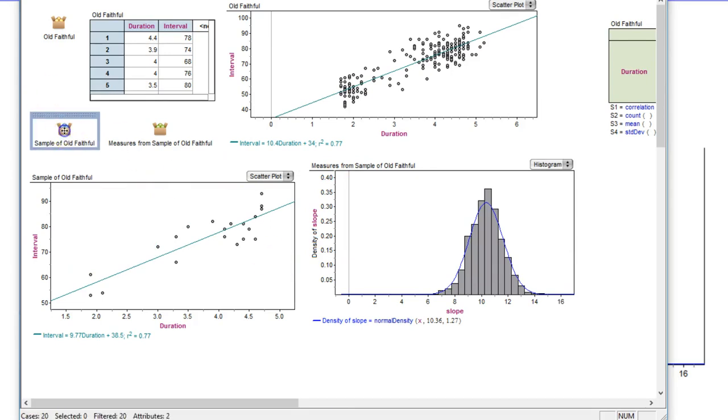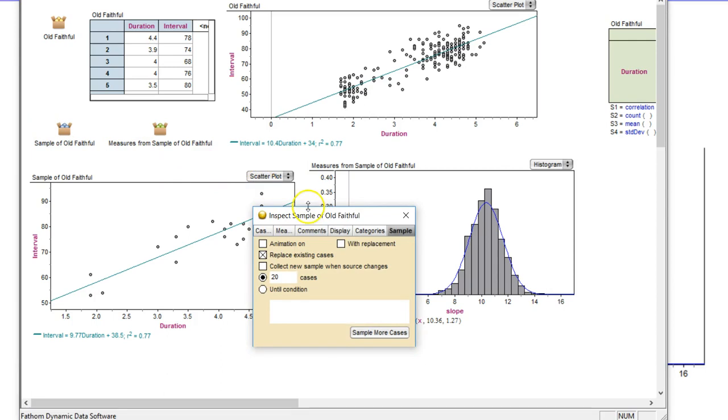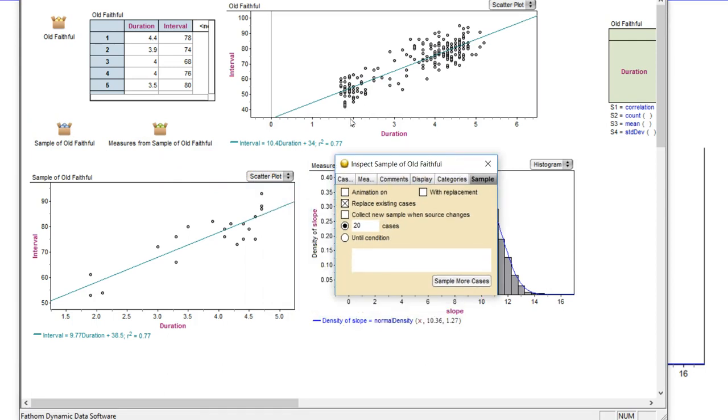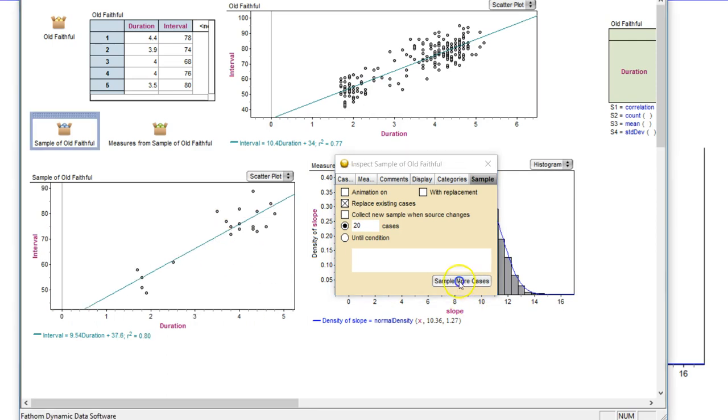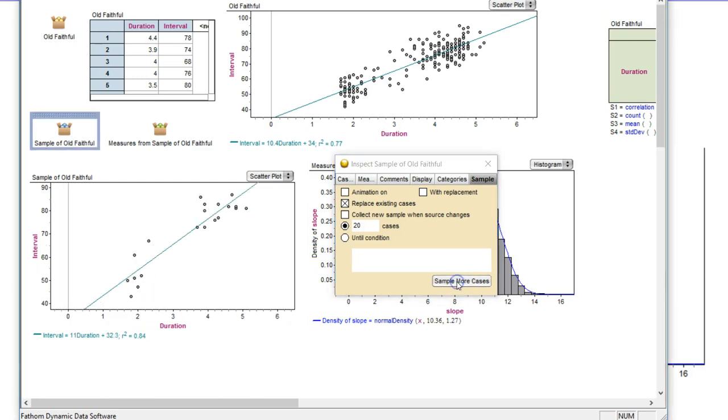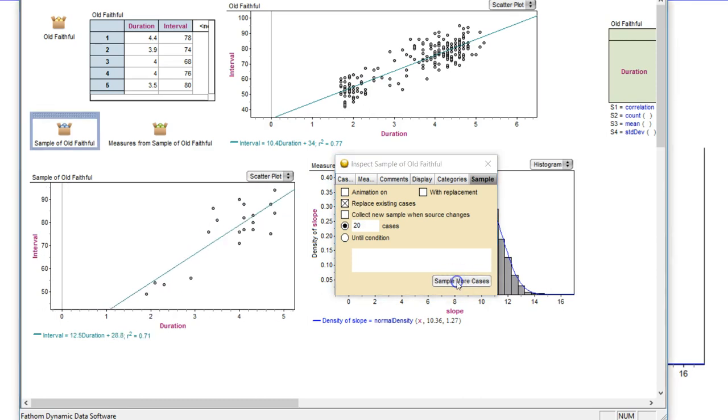What this allows me to do in this program is continually collect new samples and replace the existing samples. So notice how this graph is going to change as I sample. I'm going to get different samples of size 20. They're all going to have slightly different slopes, slightly different y-intercepts, look a little bit different, but they're very similar in lots of ways.